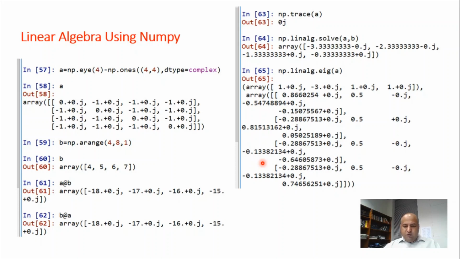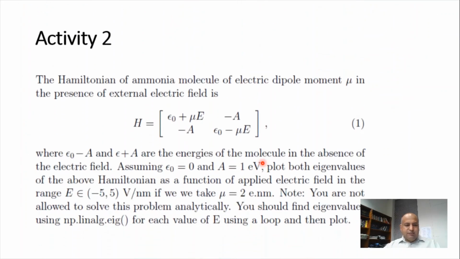Okay, so now I want you to do another quick activity. Here I have a Hamiltonian of an ammonia molecule in an external electric field, where epsilon 0 and A specify the energy of this two-state molecule in the absence of an electric field.